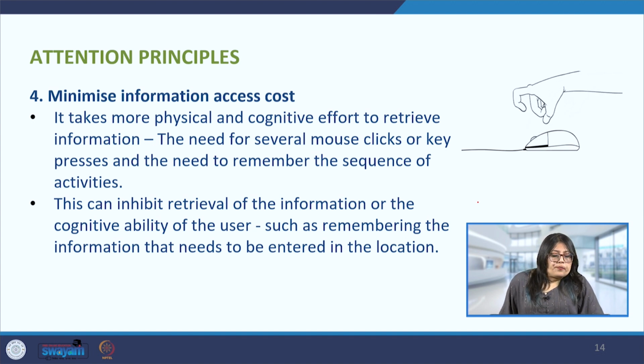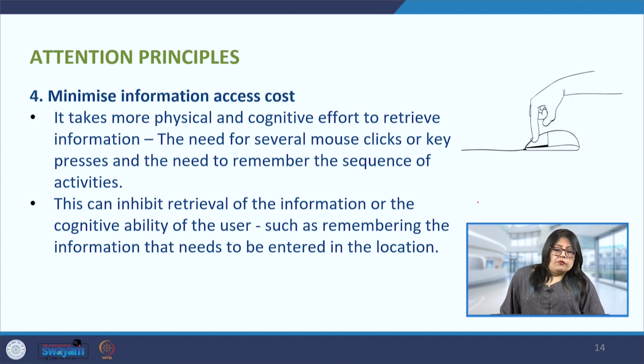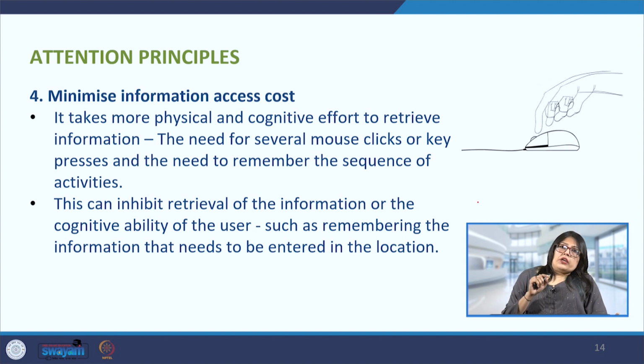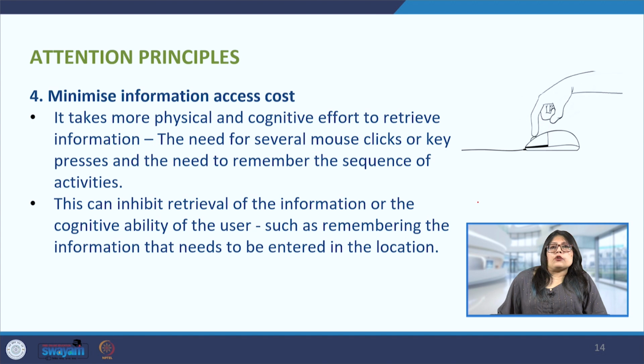The next is minimize information access cost. We know that when we have to retrieve any information, it takes more physical and cognitive effort. There is a need for several mouse clicks, for example, to finish a certain stage or reach a certain point in our journey, or we have to remember the sequence of the activity.